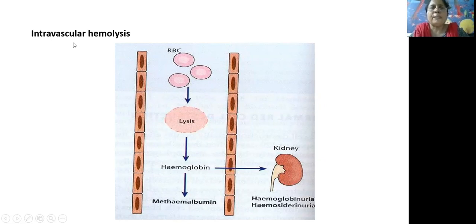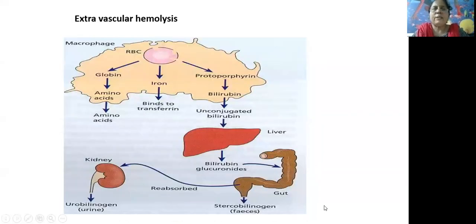So in intravascular hemolysis, you remember there is hemoglobinemia, methemalbuminemia, hemoglobinuria, hemosideruria. Okay. Then we come to extravascular hemolysis. Within the blood vessel, the lysis will not occur.